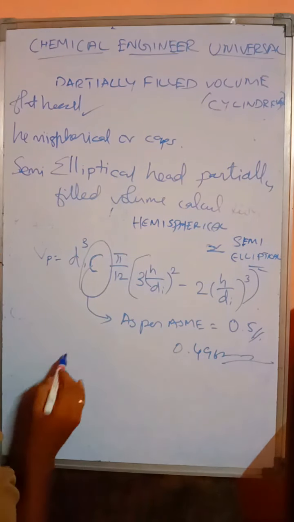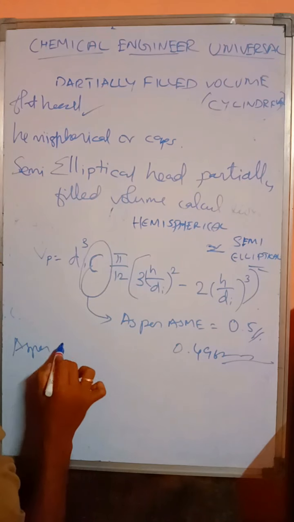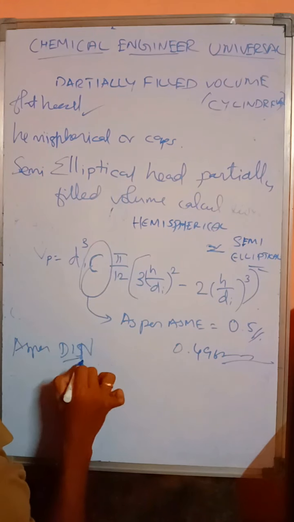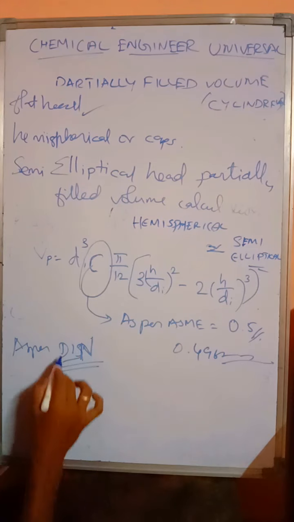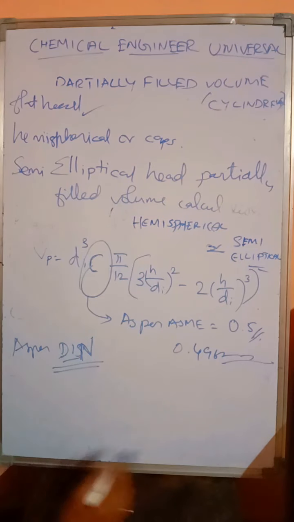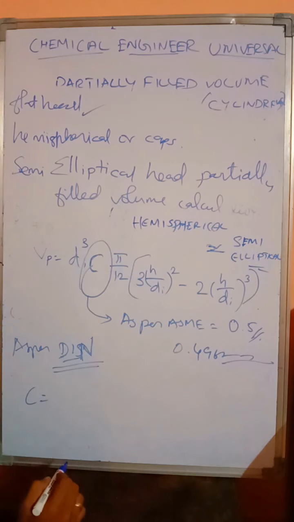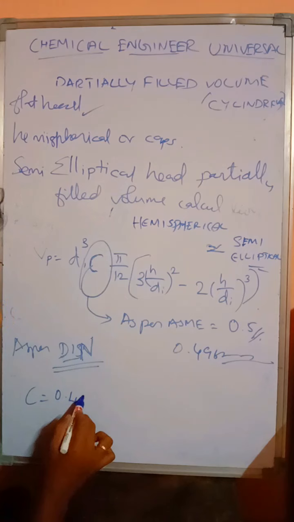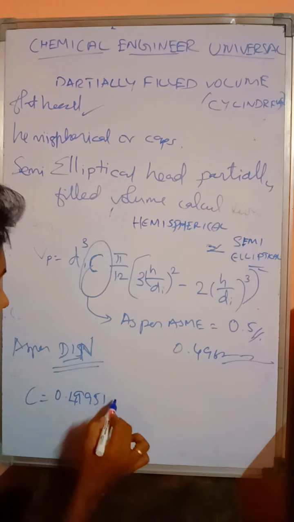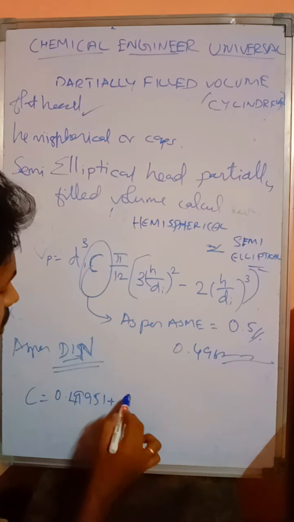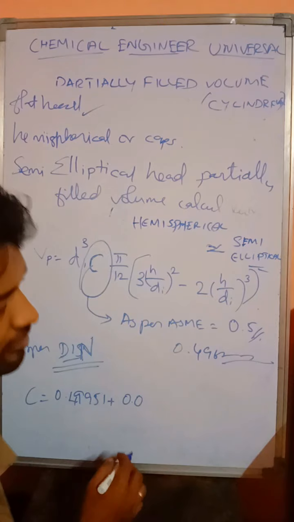For the formula given here, that was as per Dean standard. So if you go by that formula, the C value you can calculate by using this formula: 0.49951. So there won't be much variation. So you can directly take it as 0.5.